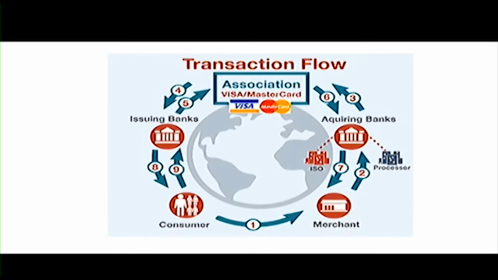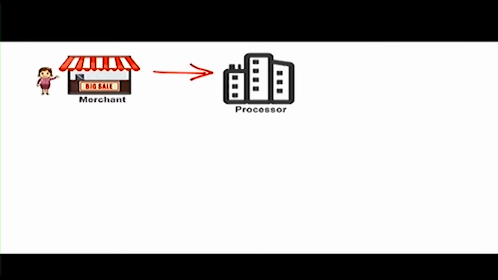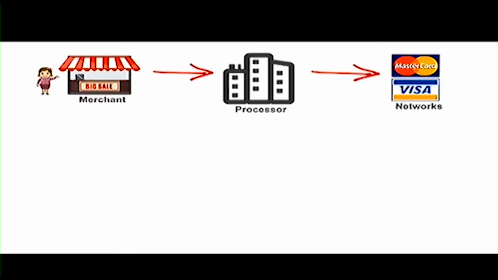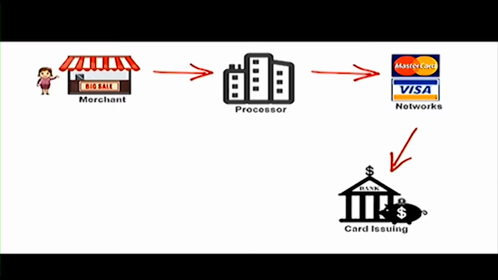Let's look at the transaction cycle. First, the customer presents a card to the merchant for purchase of goods or services. After the card is swiped or entered into the point-of-sale software, the processor sends out for authorization through the payment processing network. The issuing bank approves or declines the transaction based on funds available. The transaction is then passed through the electronic networks to the processor, and the approval code is delivered to the point-of-sale device at the merchant location.